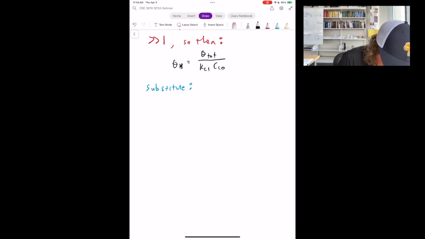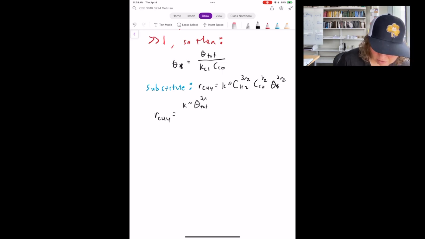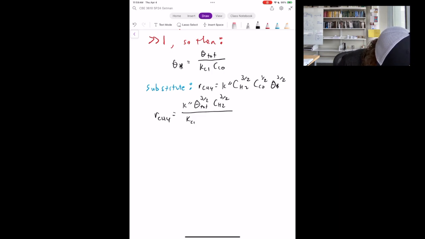Say R, so then that's going to equal, and then if we again combine constants, let's call this K triple prime.